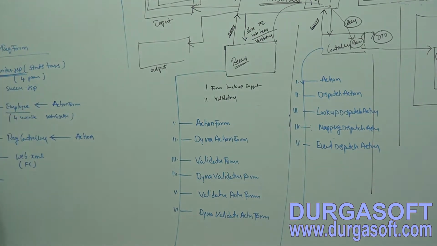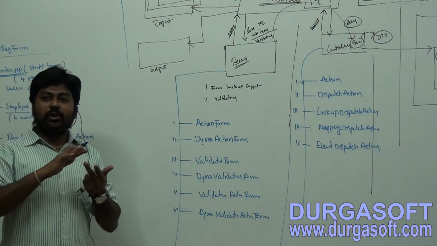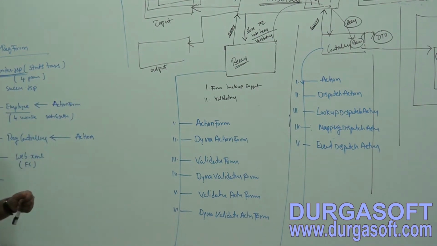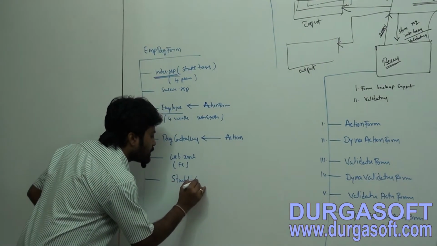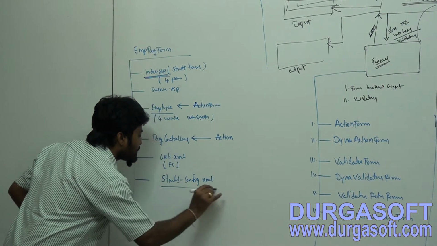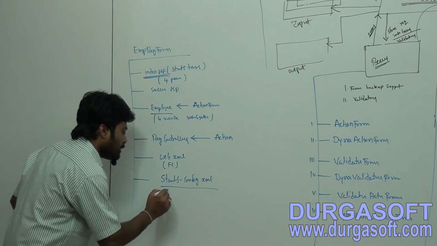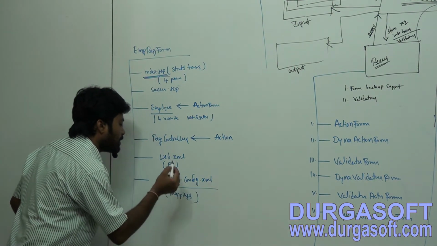So how many mappings are required here? 4 mappings: input to bean, bean to input, bean to controller, and controller to success page or failure page. Where should I configure those 4 mappings? I have to create a struts XML file, and in this struts XML file I should configure those mappings.